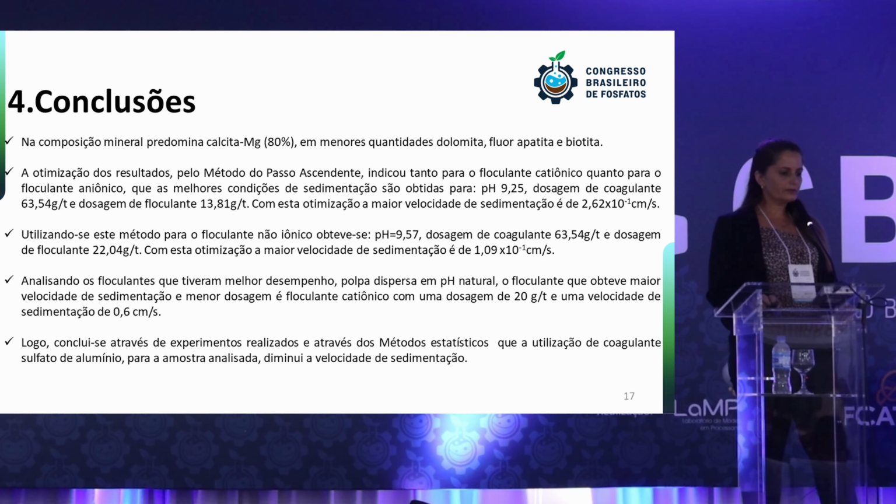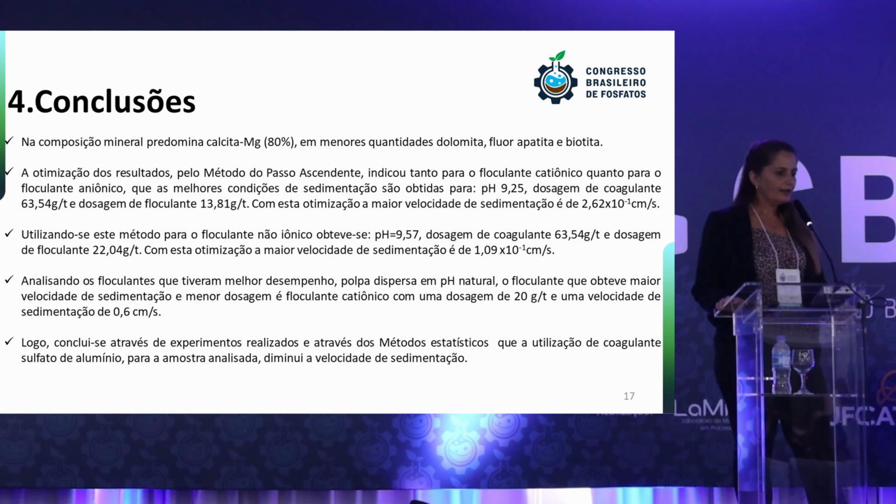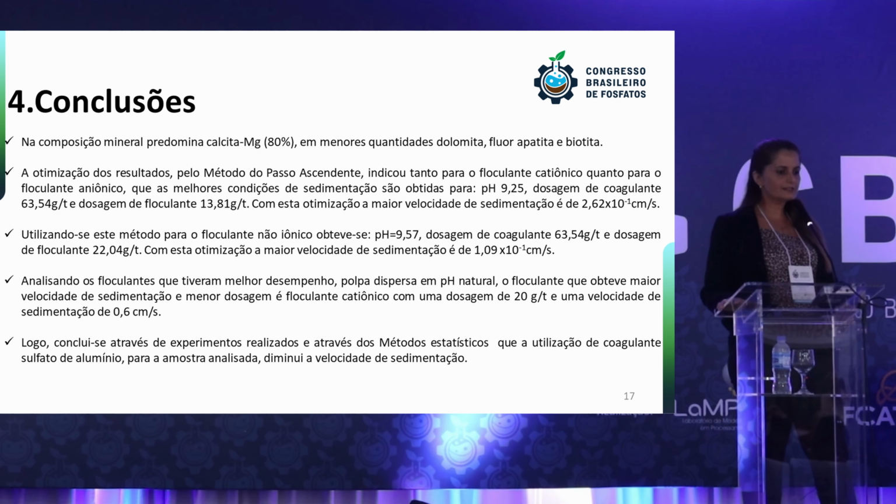What have I concluded based on that? That the mineral sample has about 80% of calcite, with lower amounts of dolomite, apatite, and biotite. That the optimization of the results using the ascending step methodology indicated that the cationic flocculant as well as the anionic flocculant were the best.